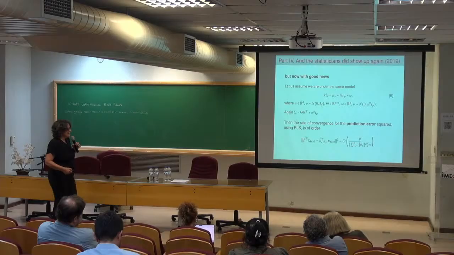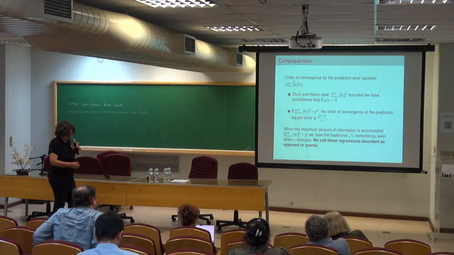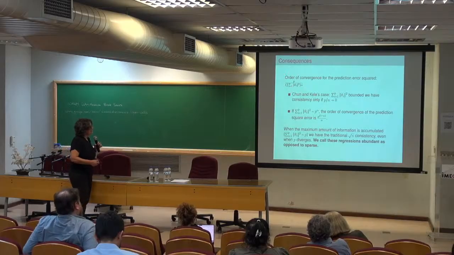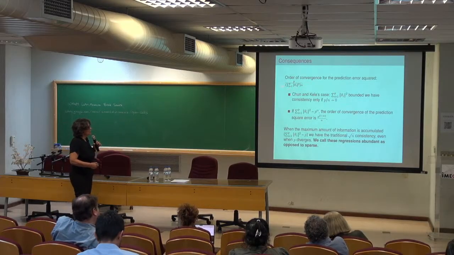If I see this number, this is an order, it means what is the order of this difference. If we look at our result, it says this is the order of convergence. Of course, if this is bounded, you don't have this thing here.